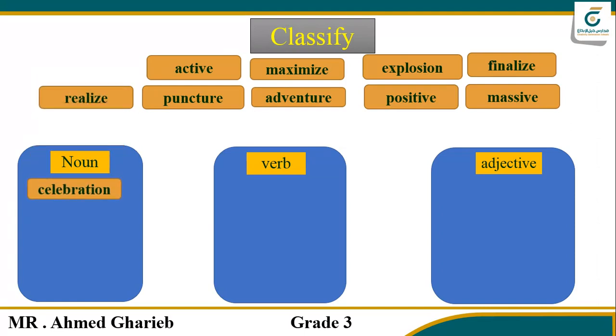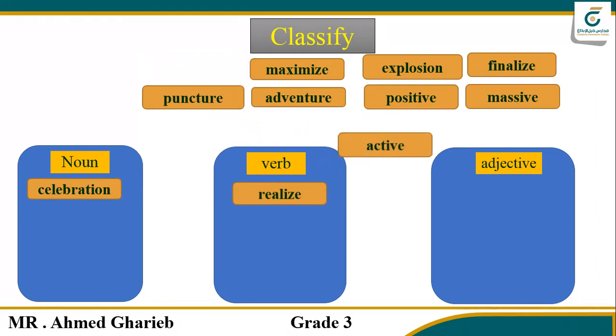The second word is realize. Look at the end of the word realize. I find that it ends in I-Z-E, and this means that this word is a verb. Active, the suffix is I-V-E, and this means this word is an adjective.